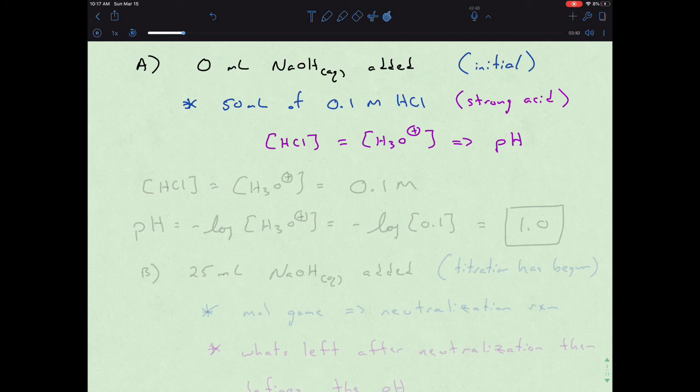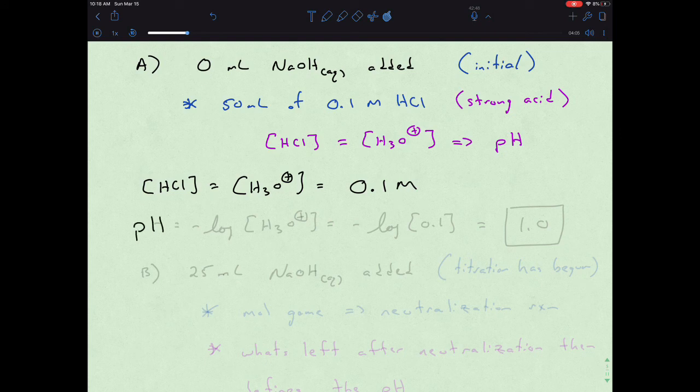We know the concentration of HCl, thus we know the concentration of hydronium ion, and we can simply get to our pH. So our HCl, which is equal to that hydronium, is equal to 0.1 molar.